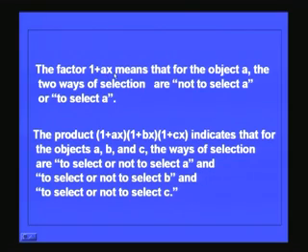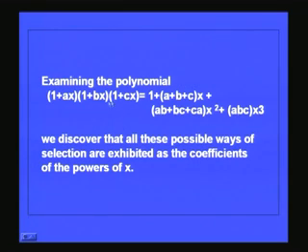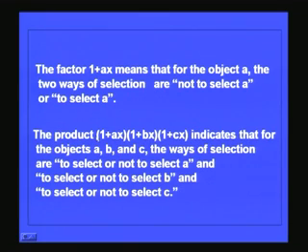Now, if you look at the left hand side of that previous equation, this is the product like this. This means that for the objects A, B and C, the ways of selection are to select or not to select A, that is represented by this factor. And you can select or not select B, and that is represented by this factor.